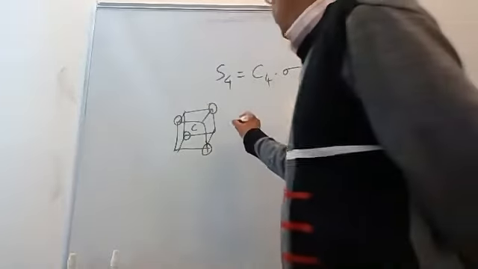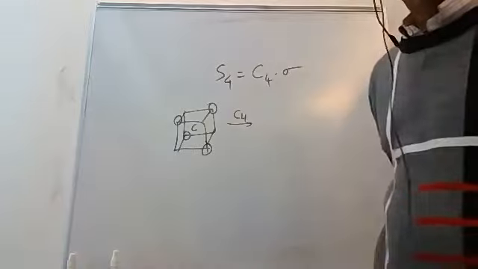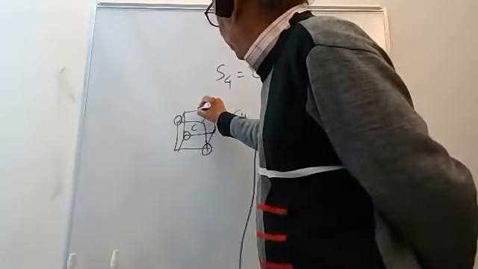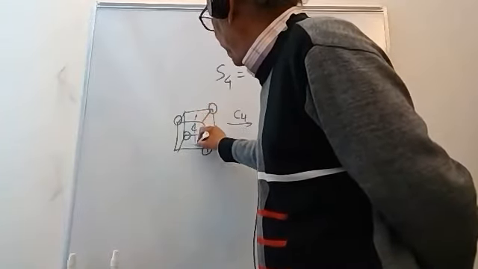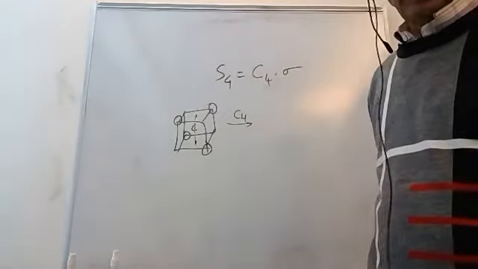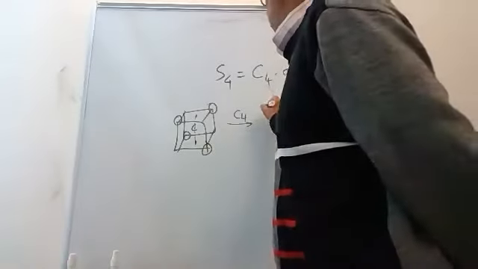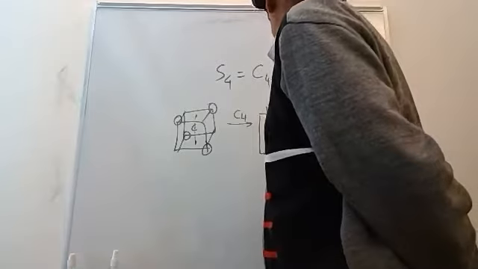collinear with the C2. So let's do a C4 on this first. Okay, C4 along an axis that goes through the midpoint here and the midpoint of this plane. Can you see that line there? All right, that's your C4 axis. When you do that C4, you get a picture that looks like this.